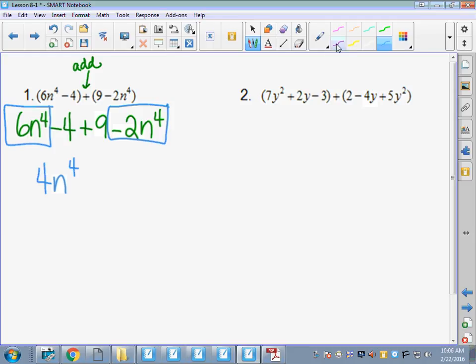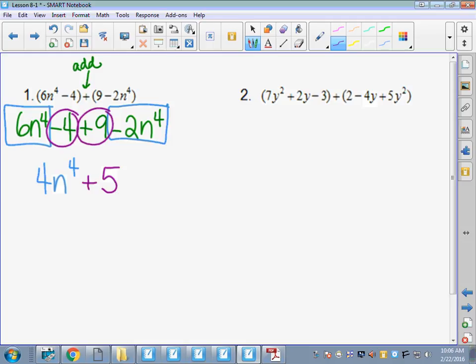So I'm not crossing them out, but I boxed them so that I can see. Then I've got a minus 4 and a plus 9, or negative 4 plus 9. When I combine those two like terms, plain old numbers, I've got 4n to the 4th plus 5. Everything in my original problem's been boxed or circled, accounted for, crossed out, whatever makes you see whether you have or haven't used it. So I wrote that in descending order, or standard form.